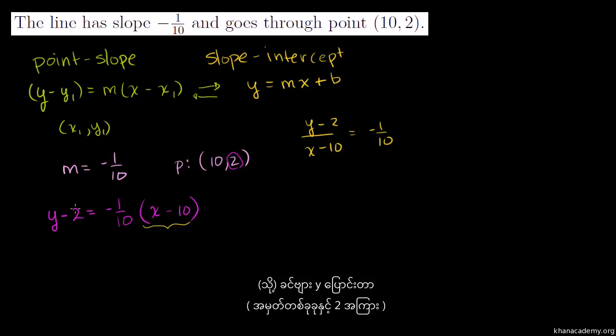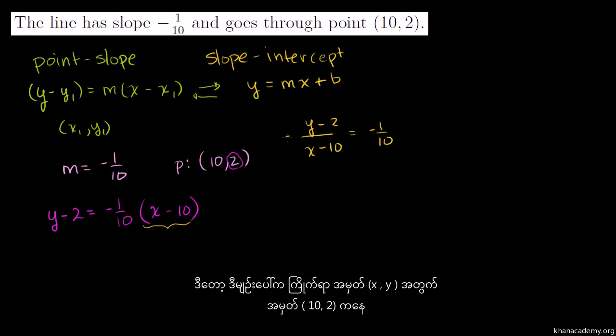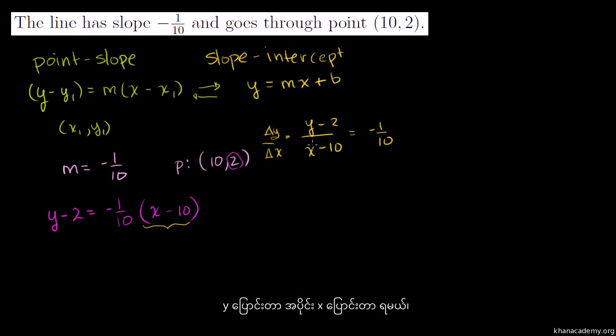So you get the change in y over the change in x for any point (x, y) on that line relative to the point (10, 2), and it is going to be -1/10. This is just the definition of your slope. Hopefully I don't confuse you there. I'm just showing you that this is just using the definition of the slope to create the equation of the line.